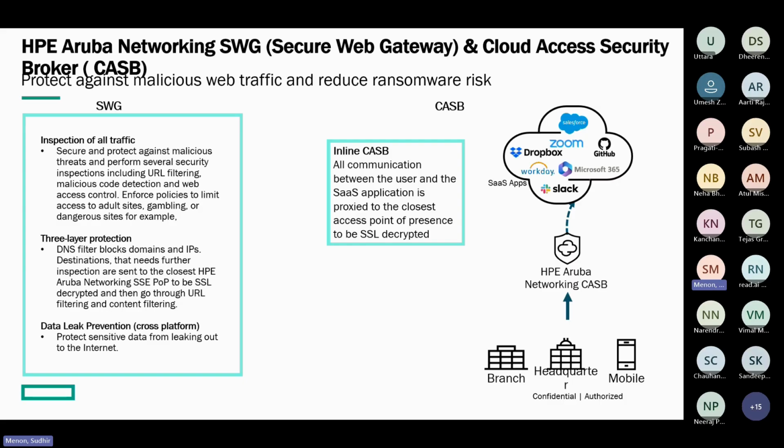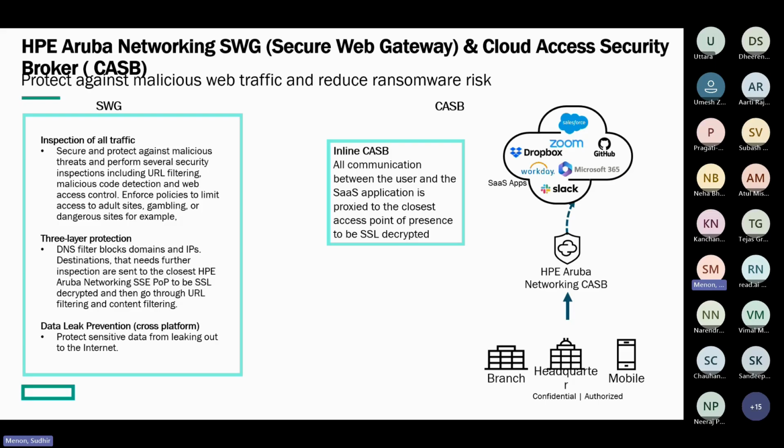The next two technologies which I already called out are the SWG and the CASB. I'll not spend much time on this slide, where we have three layers of protection on our SWG: DNS filtering, URL filtering, content inspection, etc., along with a data leakage prevention approach. And it's an inline CASB platform, where the CASB solution is completely inline to provide restriction to your SaaS applications along with the DLP, where you can protect your sensitive data.